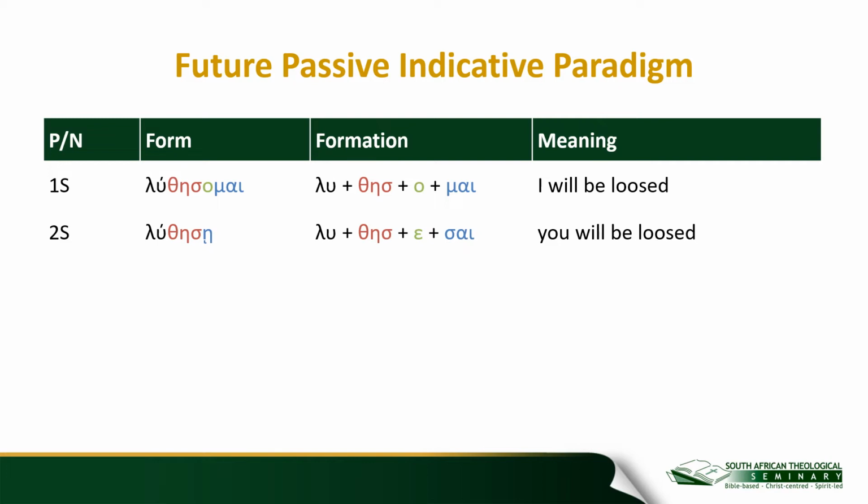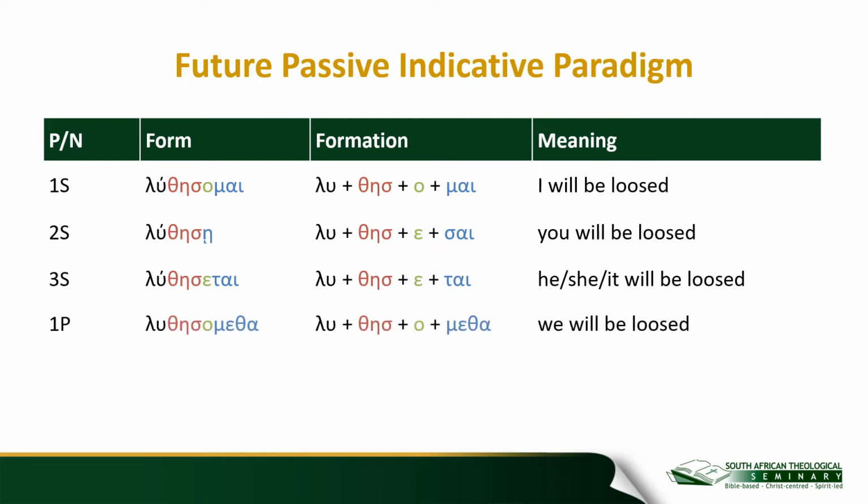As you know fairly well by now, intervocalic sigma in the personal ending sai drops out, and epsilon alpha iota contracts to eta with an iota subscript to give us lythēsē, you will be loosed. The three singular, lythēsetai, from the tense stem lu, tense formative thēs, connecting vowel epsilon, personal ending tai, he, she, or it will be loosed.